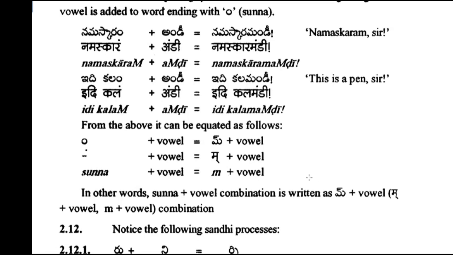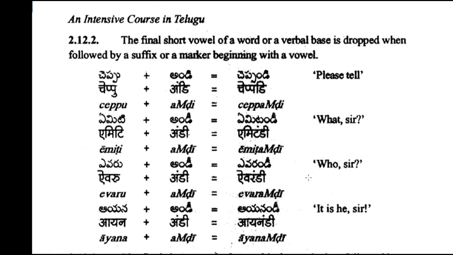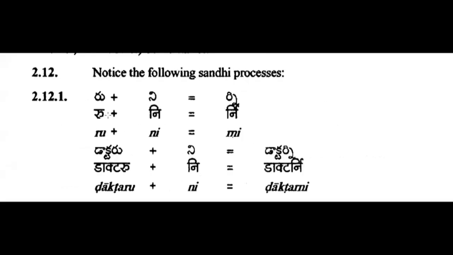The next one is, notice the following sandhi processes. Ru plus ni becomes rni. If a word ends with ru and there is another suffix ni, ru plus ni becomes rni.